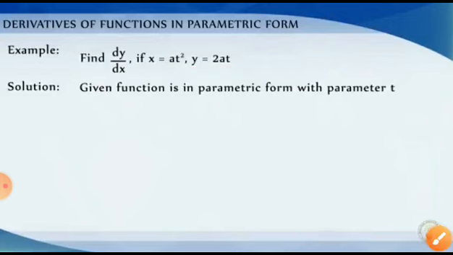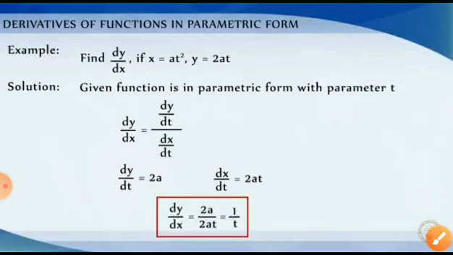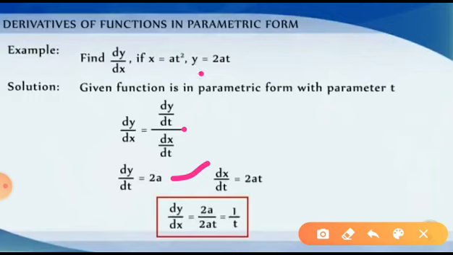The derivative of 2at with respect to t is 2a, and the derivative of at square with respect to t is 2at.